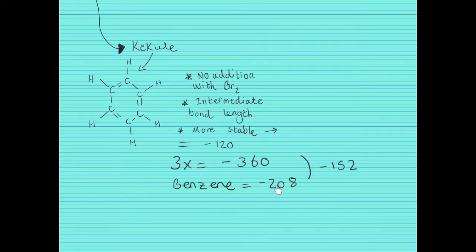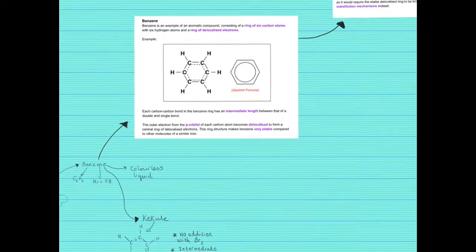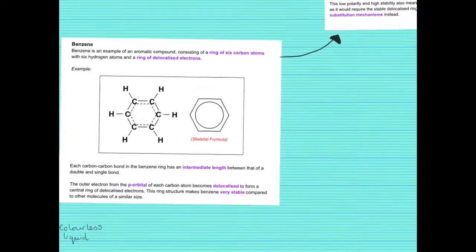However, benzene only released 208. So there's a 152 difference. It's actually more stable, the structure that we actually know today. So Kekule was the man who thought he discovered it, and these are the reasons we use as to why he unfortunately was incorrect. So this is what benzene actually looks like.